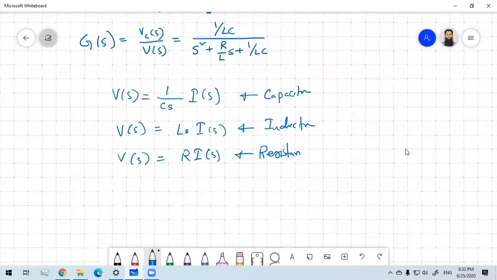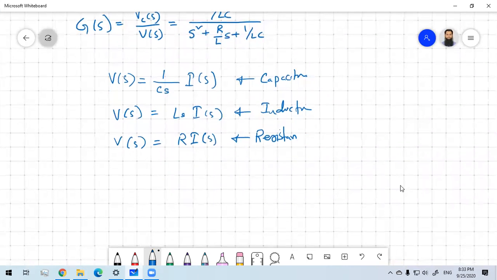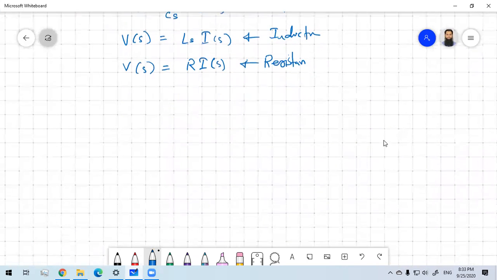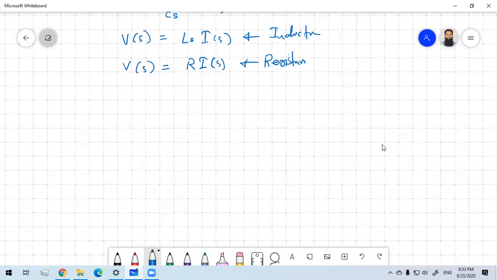Okay, now instead of deriving the differential equation, is there a direct way to get the transfer function of the electrical network? That is what we will also try to see. If you are given an electrical network, say something like the previous one: the inductor, then the resistor, then the capacitor.